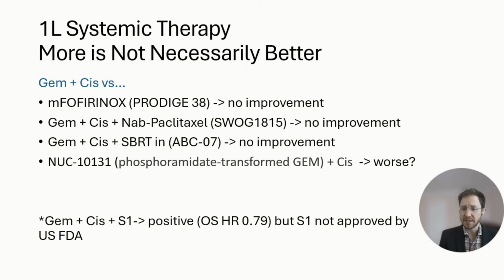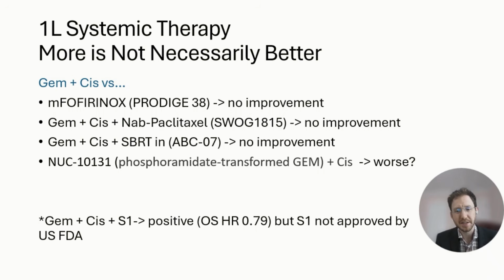None of these improved upon the standard gemcis doublet for first-line biliary tract cancer. I do want to make one note of the addition of S1, which is not approved for use in the U.S.